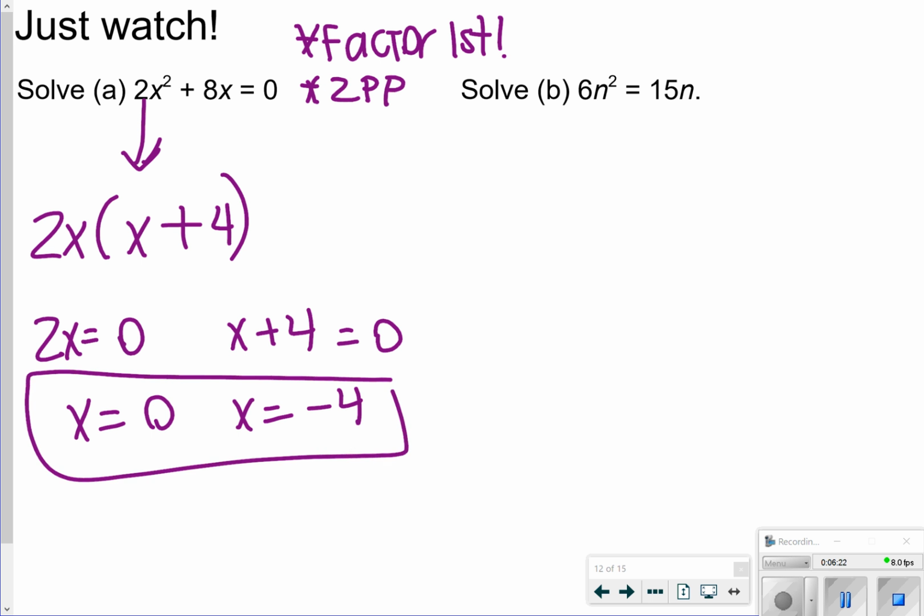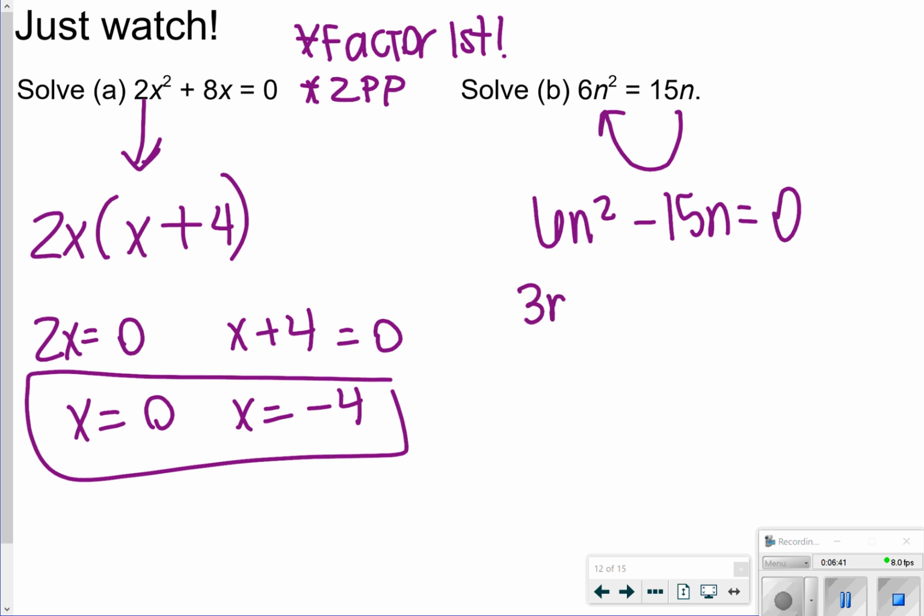And then for letter B, I need them both to be on the same side. So what I'm going to do is bring 15n over here, which means it'll be 6n² - 15n, and still set that equal to 0. Then I would need to factor first. I would need to factor 6n² and -15n. I'm going to factor out a 3n here.